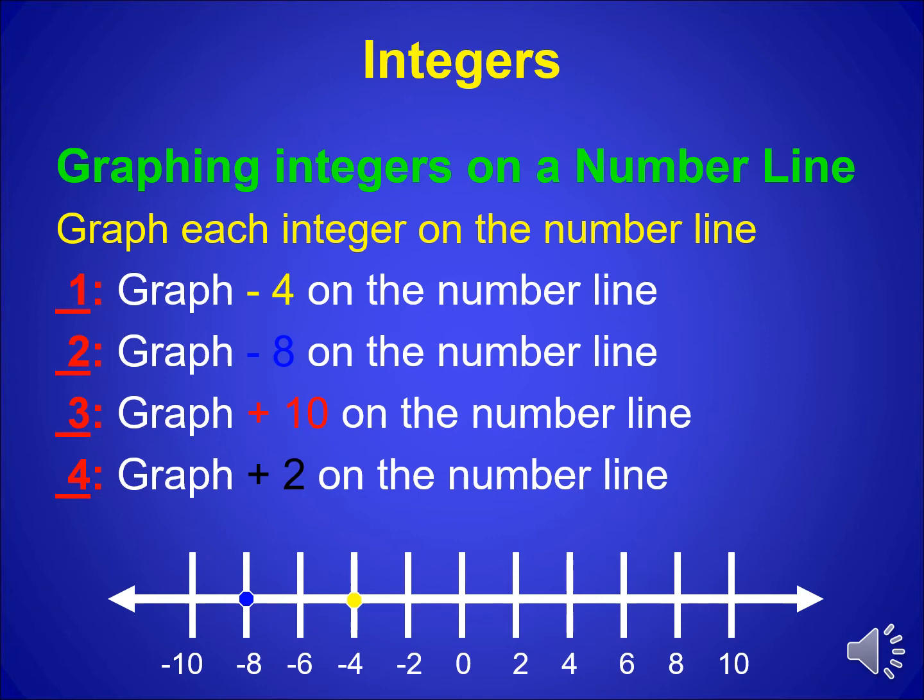Looking for the 10, because this is positive, on the right from the 0. Yes, this is 10. I put a point on the place of 10. And +2 is here. I will put a point on 2. Now I have graphed the integers on a number line.